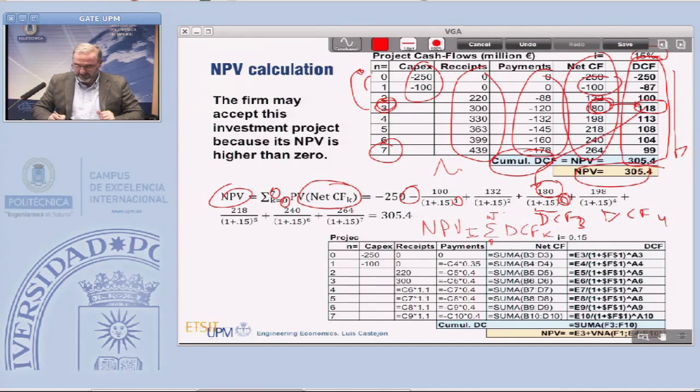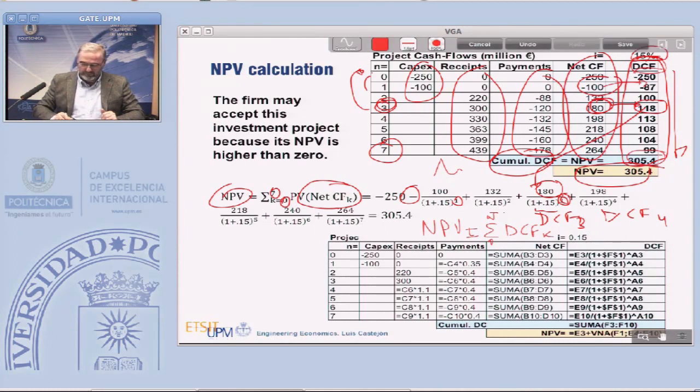And I recommend you to calculate by yourself the discounted cash flow of every net cash flow for every year, and then make the cumulative summation of that. And then also you can check if your calculation is right using the Excel formula.